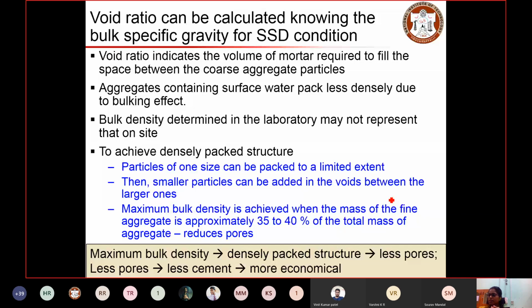So basically, void ratio indicates the volume of mortar required to fill the space between the coarse aggregate particles, and aggregates containing surface water pack less densely due to the bulking effect. When we have surface water, that is, moist aggregates, and we mix them in the concrete, there is a bulking effect due to the presence of sand.